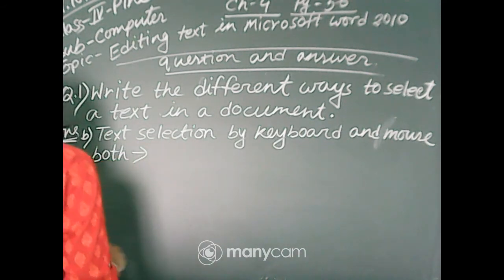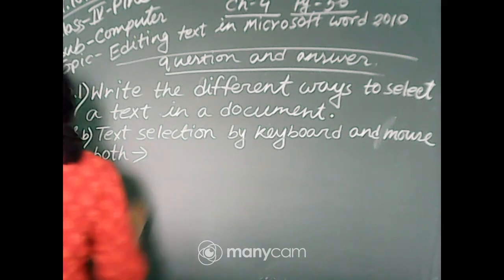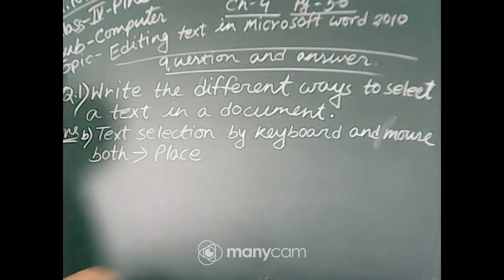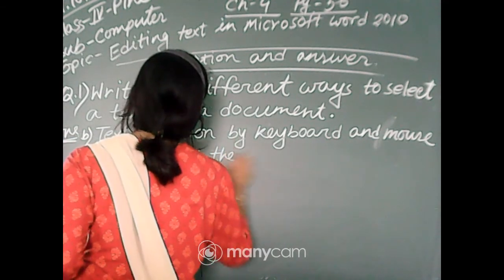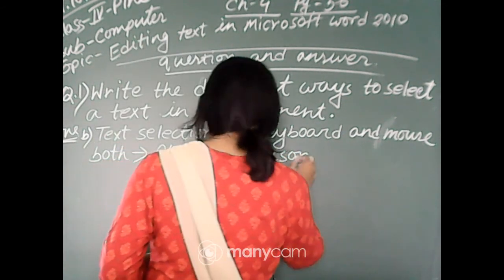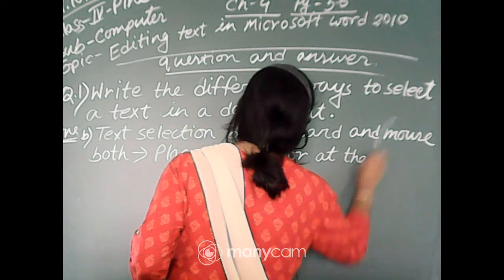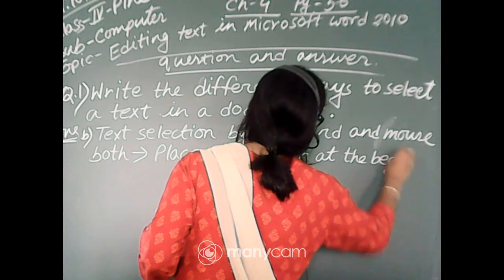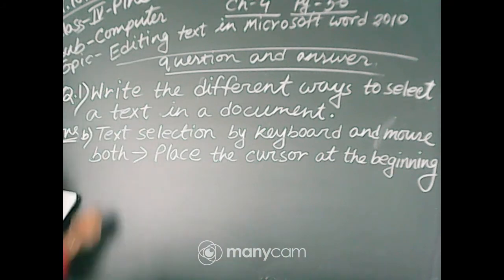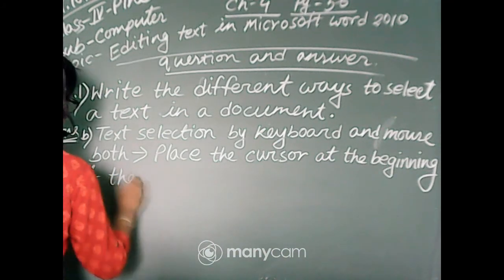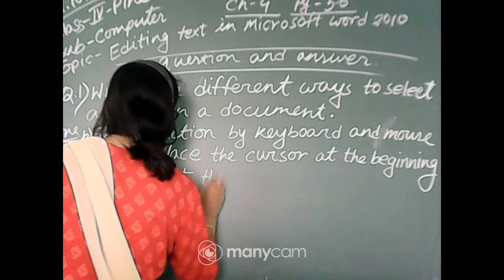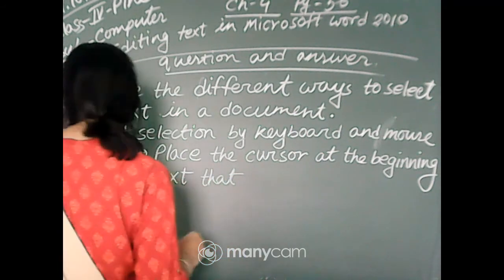Write down: place the cursor at the beginning of the text that you want to select.